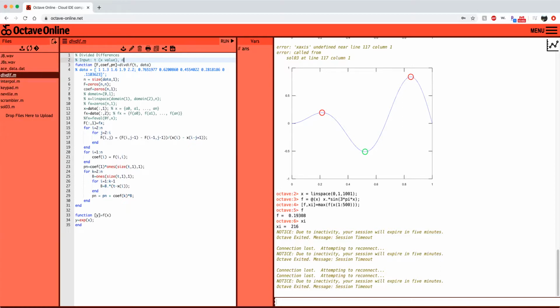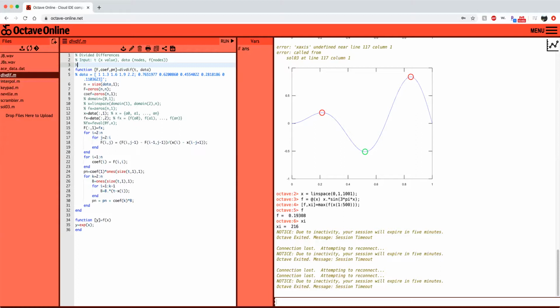And then data, that is the nodes, and what? The f of nodes, okay? The output must be what? F, the matrix of divided differences, okay?